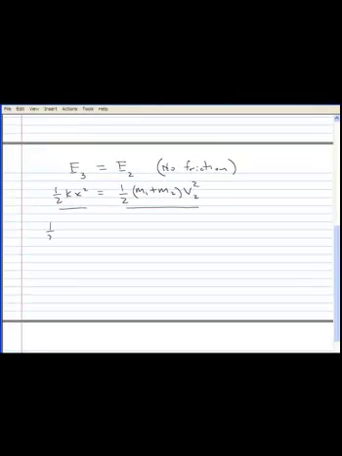So I end up with 1/2. I've got my 300 newtons per meter, that's my K. I've got 0.15 squared, that's my compression.